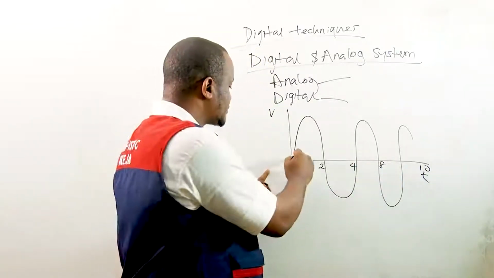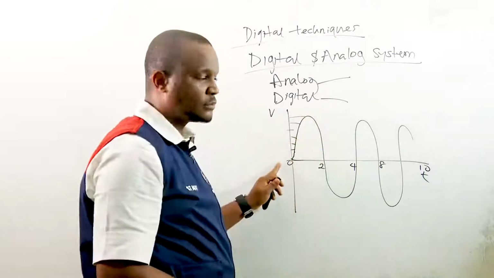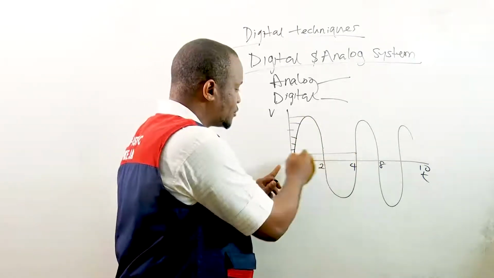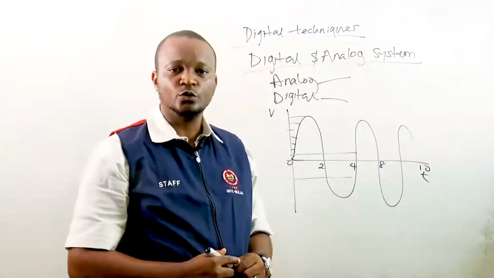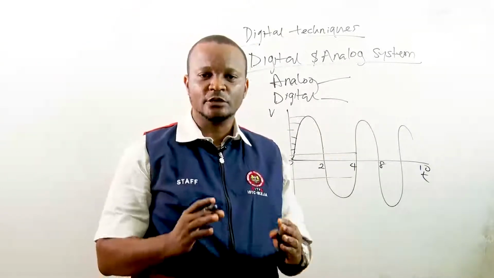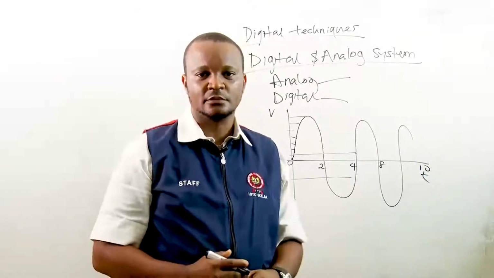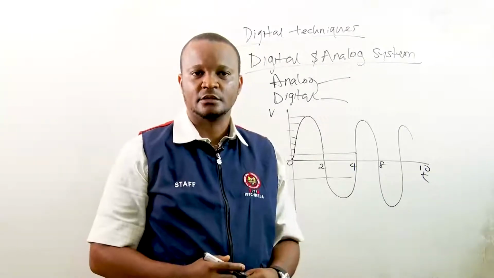So over time, the value keeps varying continuously. This can be referred to as an example of analog. We know that voltages, current, even pressure, sometimes cannot be maintained constantly. So with time, the signals vary.